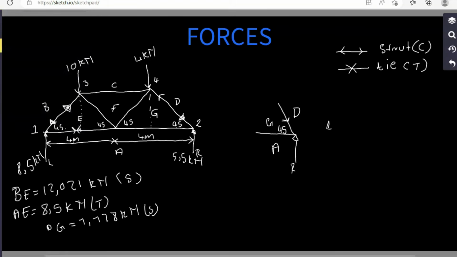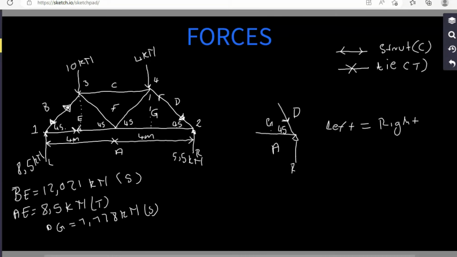Forces going to the left are equal to forces going to the right. The horizontal component of DG is going to the right-hand side.